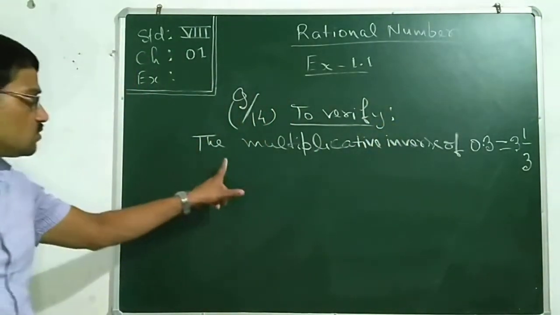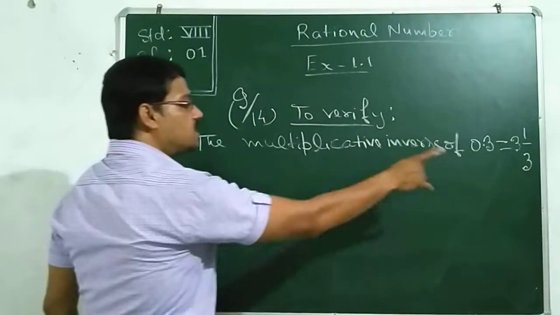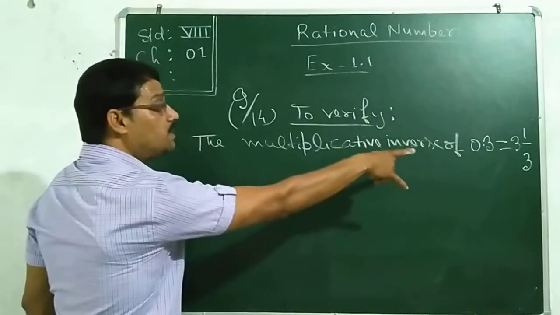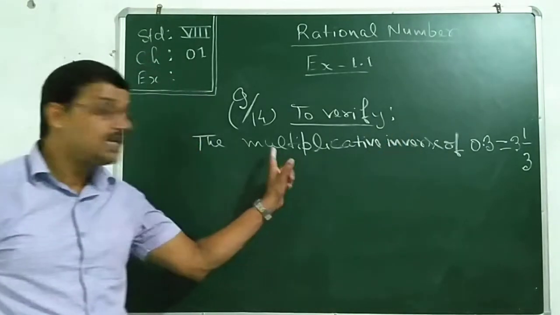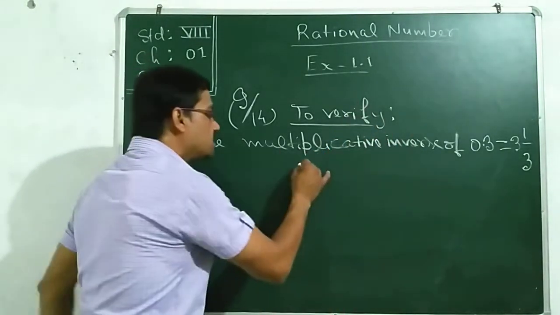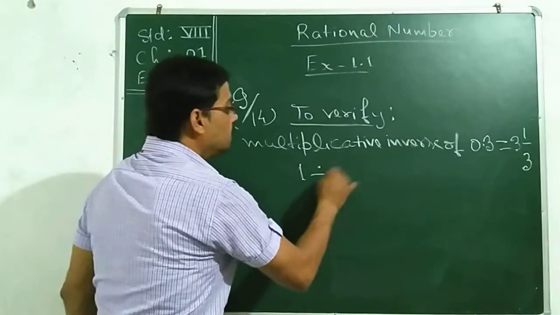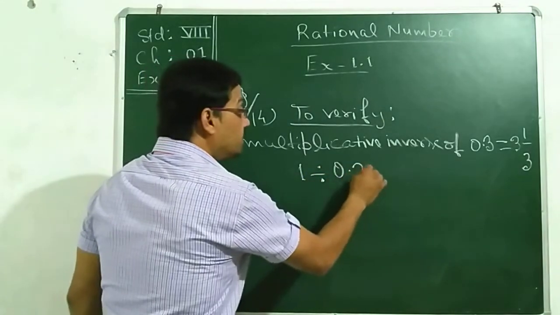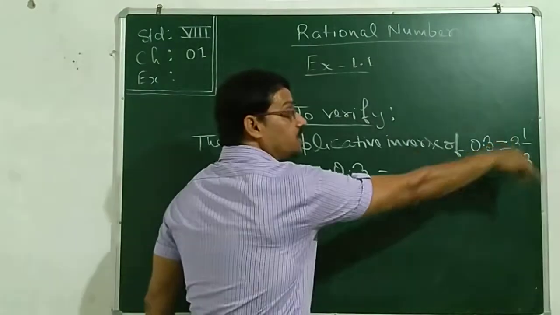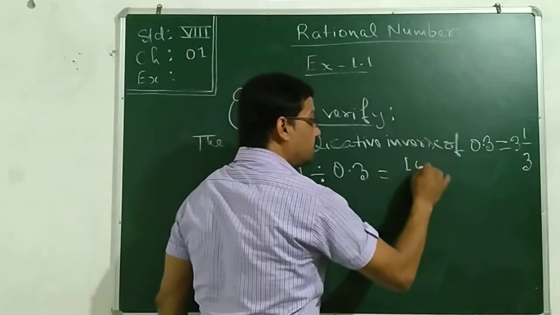To verify this, once again do the similar steps. The multiplicative inverse of 0.3 means 1 divided by 0.3. Is it equal to 3 3s are 9 plus 1, 10 by 3?